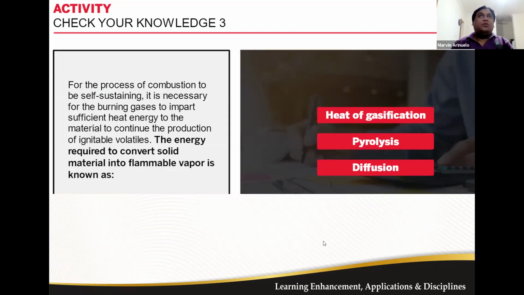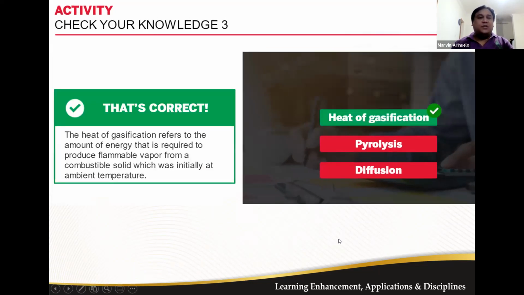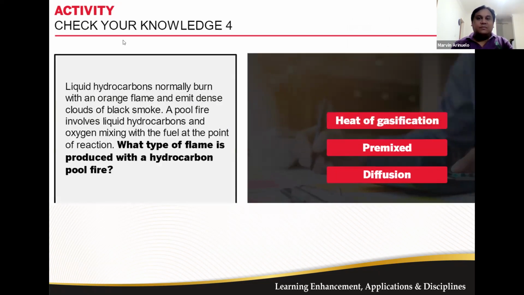The energy required to convert solid material into flammable vapor is... okay, Mr. Rahil, you're correct. That is heat of gasification. It's the amount of energy required to produce flammable vapor from the combustible solid, which was initially at ambient temperature. Another question.